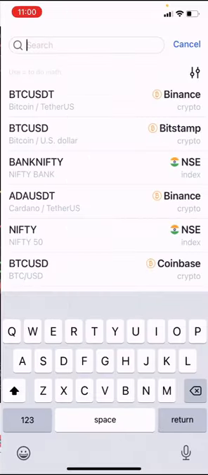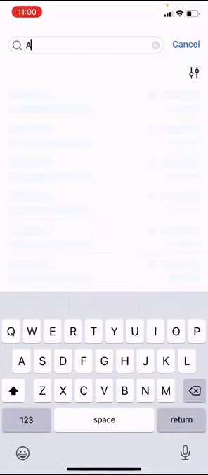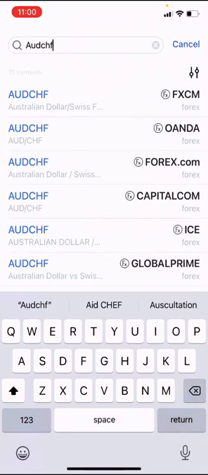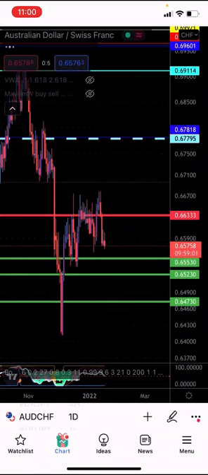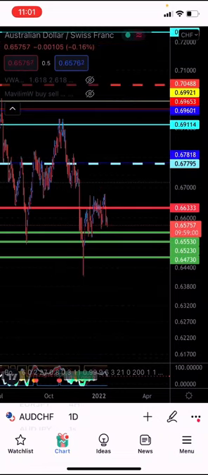Now let's have a look at the Australian and the Swiss. So we are selling the Australian dollar and we are buying the Swiss franc.